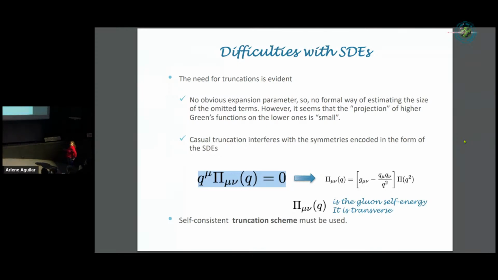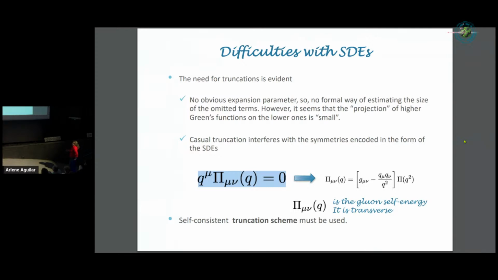But if you do the truncation in a casual way, you can destroy some important symmetries of the theory. In particular, here is an example with the gluon polarization. Here you have the gluon self-energy, or gluon polarization, and it should be transverse. This means the gluon polarization has a tensor structure that is transverse to the momentum it carries, and when you contract it with the momentum, the result should be zero.